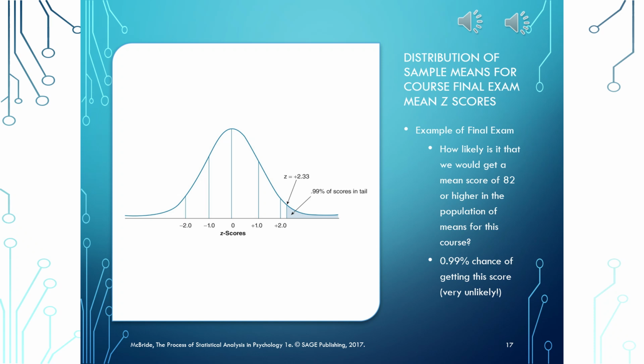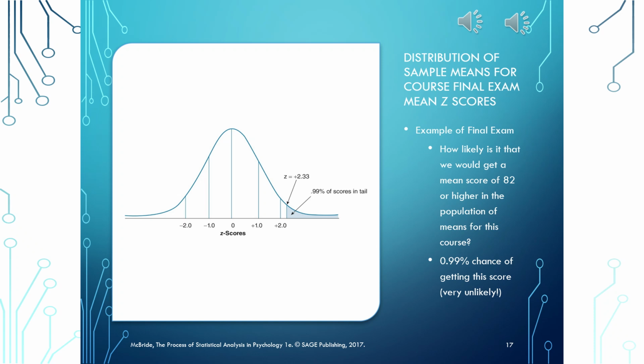This also means you can interpret this as we have a 0.99% chance to see a sample mean of 2.33 or higher, given that the original population mean was 75 and it had a specific standard deviation. Okay, so that means this is really, really unlikely that we would ever see such a high average final grade for a class.